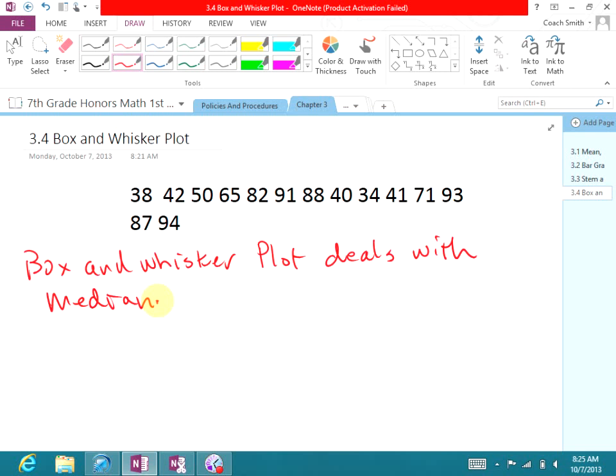Okay, now you're going to have basically 5 parts to a Box and Whisker plot. You're going to have the median. Okay, then you're going to have the lower quartile. Then you're going to have the upper quartile.